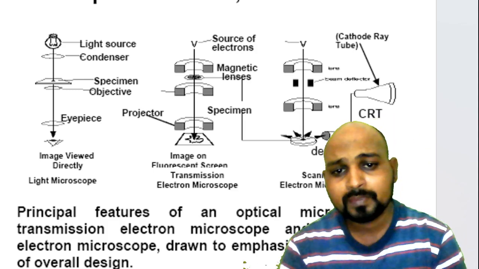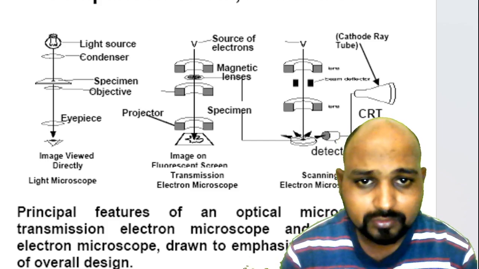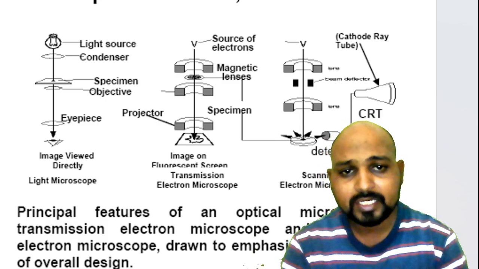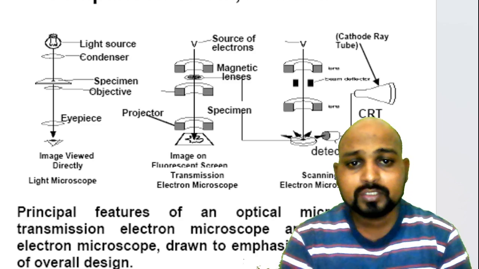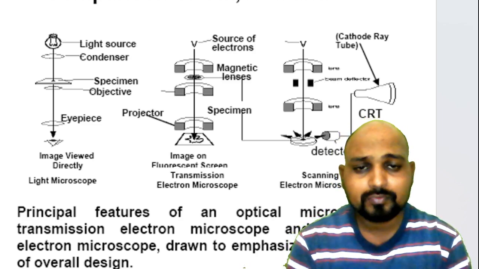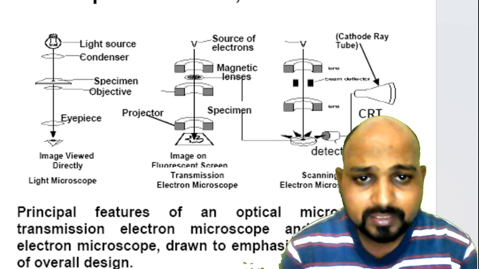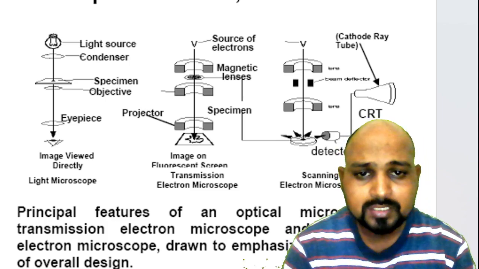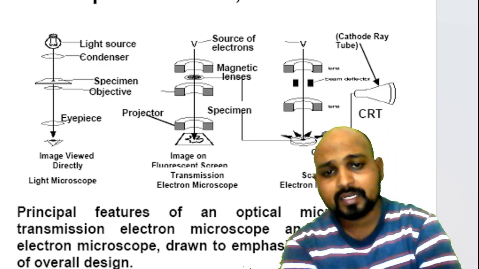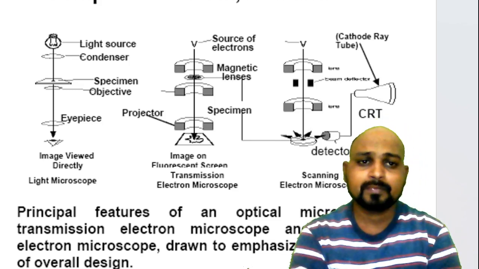In the electron microscope, the source of electrons is at the top. After that there is a magnetic field provided by magnetic lenses, where we can direct the beam of electrons to the proper position. This beam is then projected on the specimen, and at last on the photographic film we get the image of the specimen on the fluorescent screen.